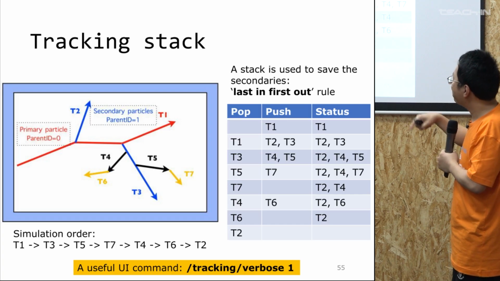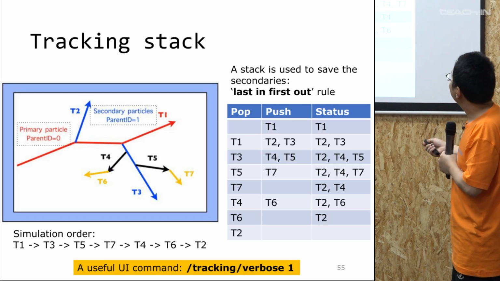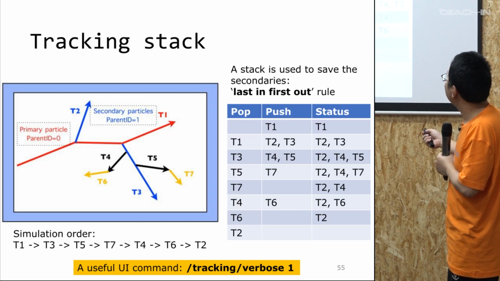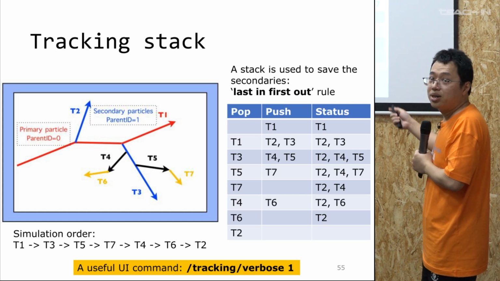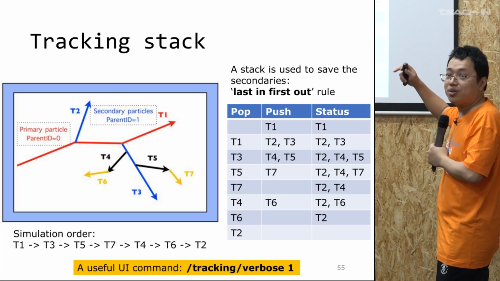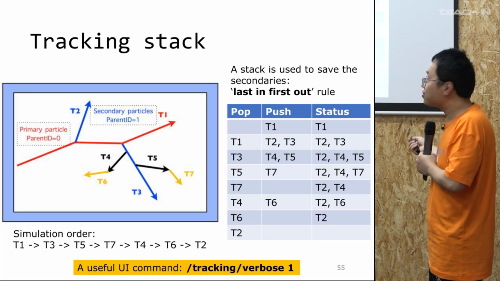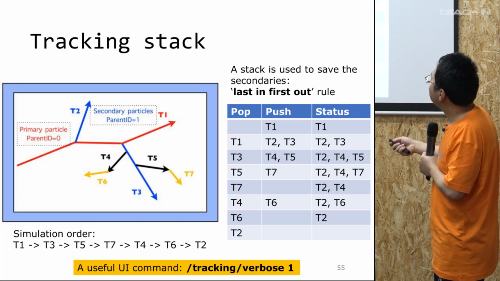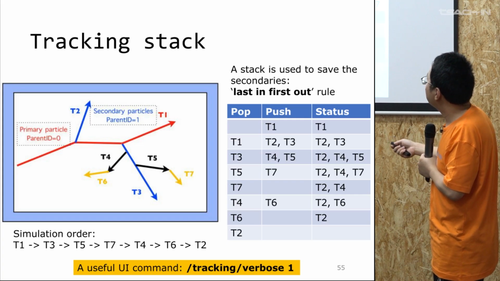Then Geant4 will do the next simulation. It will pop the next track from this stack. Because currently T3 is at the top, we have to get it. So then we do the simulation of the T3.